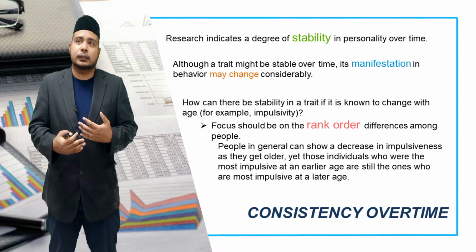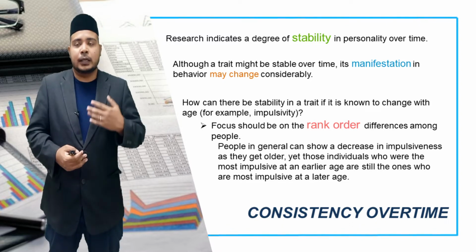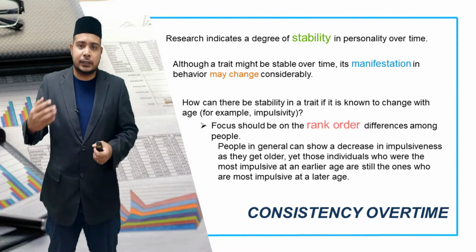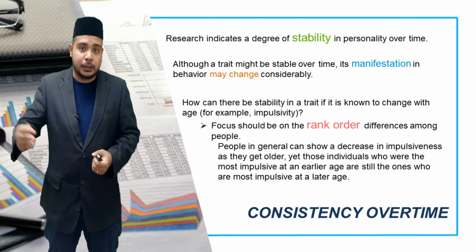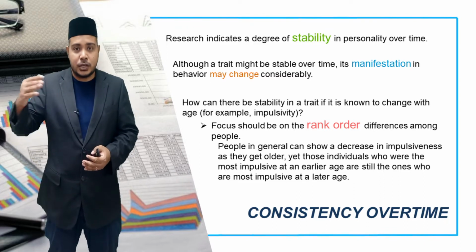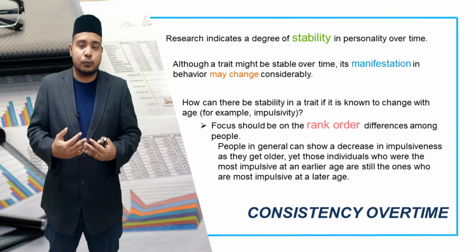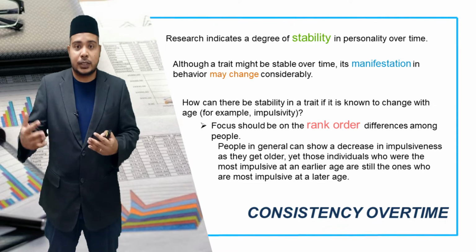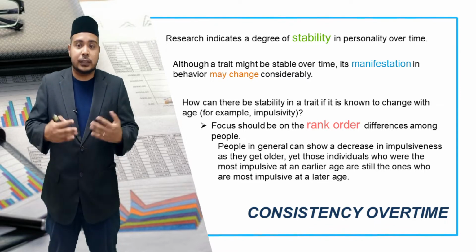So there are questions, dilemmas or conflicts that researchers have been asking: how about personality traits which are affected by the development of a person? When we age, when we grow up, there are personality aspects of ourselves which also change due to our maturity, for example our temperament, how we react when we do not get what we want.